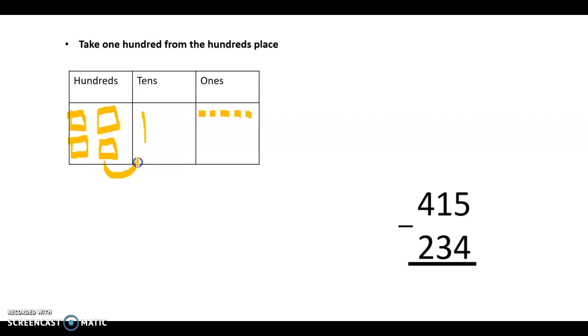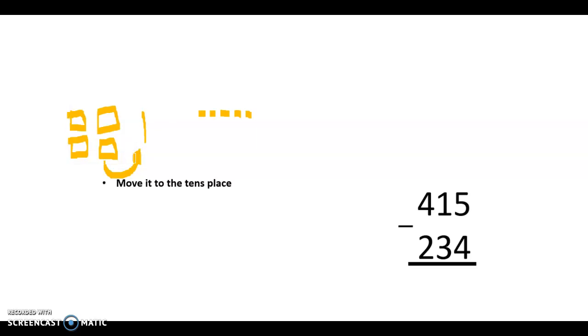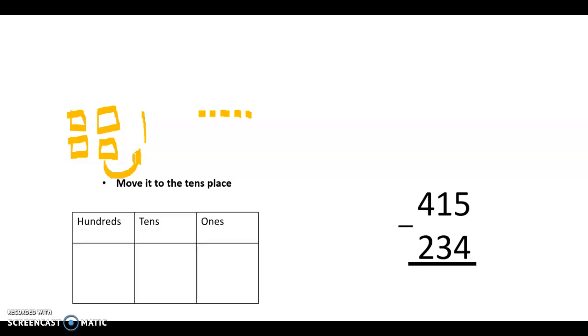So this 100 is going to have to come next door. So I have to move it to the tens place. So I am going to move one of my hundreds. So I'll no longer have 4, I'm going to have 3 hundreds in the hundreds place.